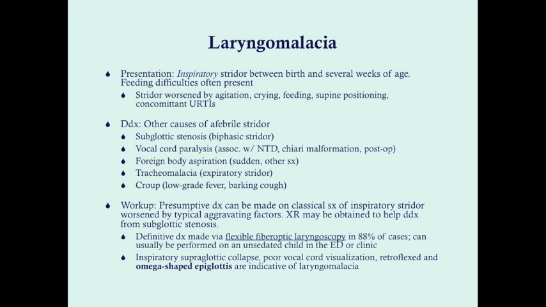So normally the epiglottis has a flat shape to it, but with laryngomalacia, it tends to be more omega-shaped, kind of curly. These are all indicative of laryngomalacia. Other things that you can see include a retroflexed epiglottis, postglottal edema, shortened aryepiglottic folds, and so forth.